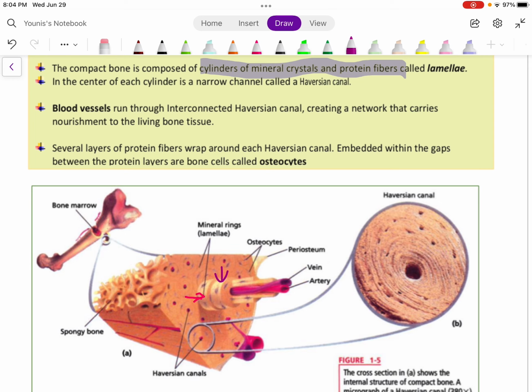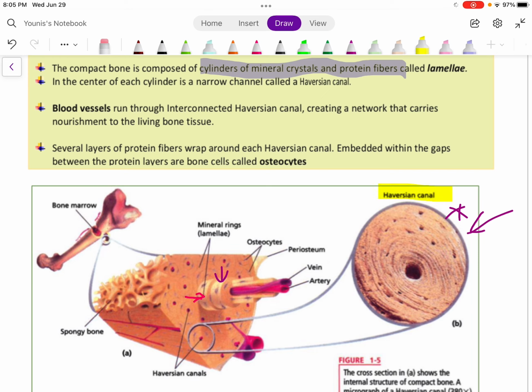And in the center of each cylinder, there is a cavity. As you can see now, for example, this one is a magnified section. You see there are dark pores or dark dots appearing on the structure of a compact bone. These dots indicate a cavity, and the cavity or the canal is known as the Haversian canal.